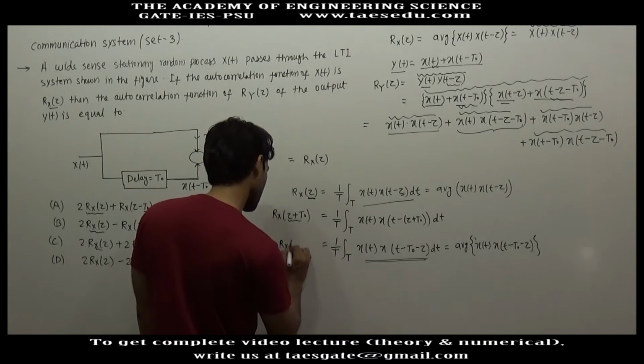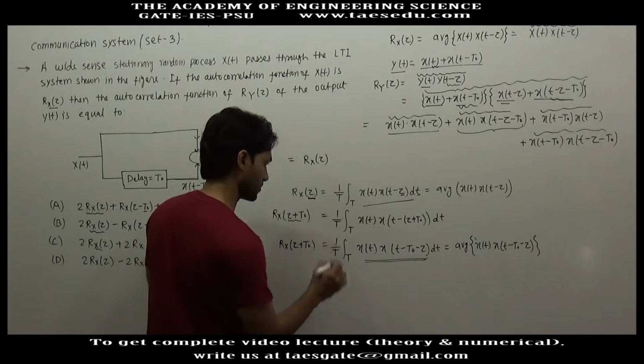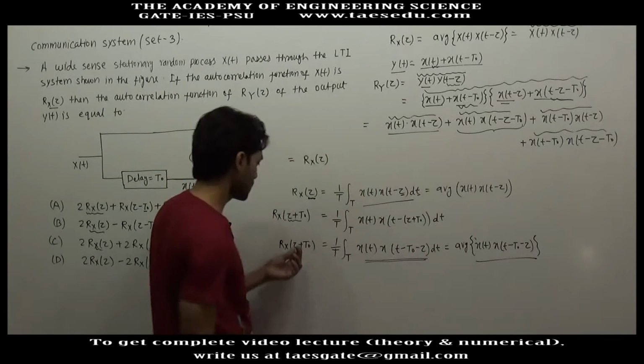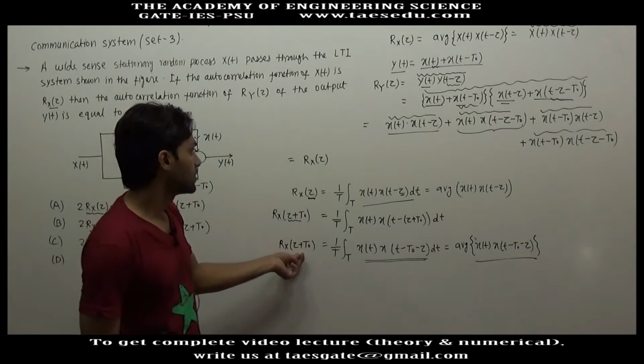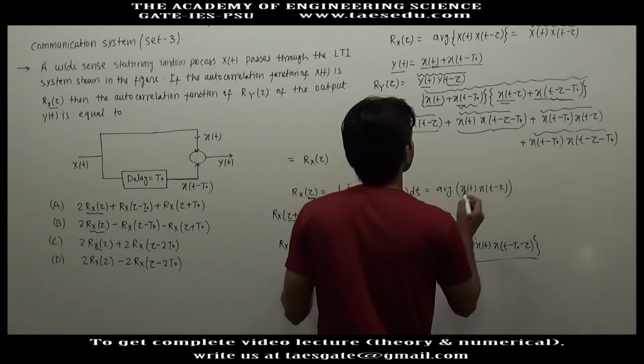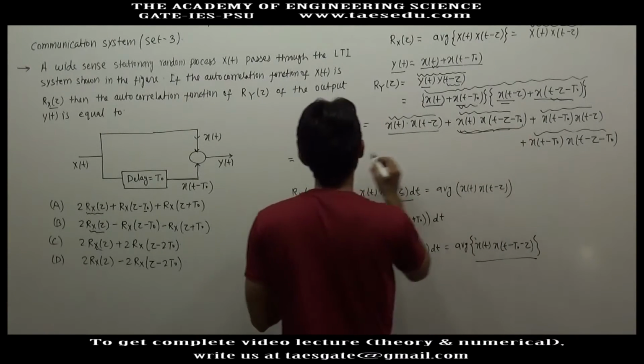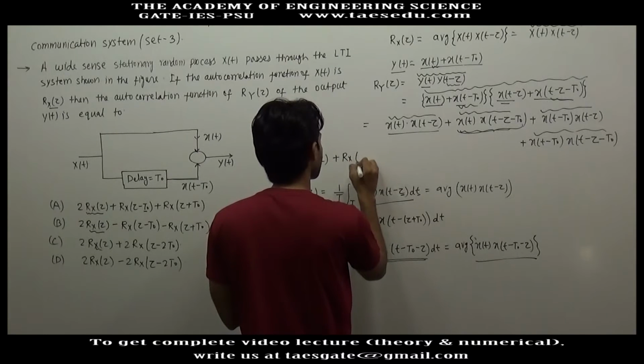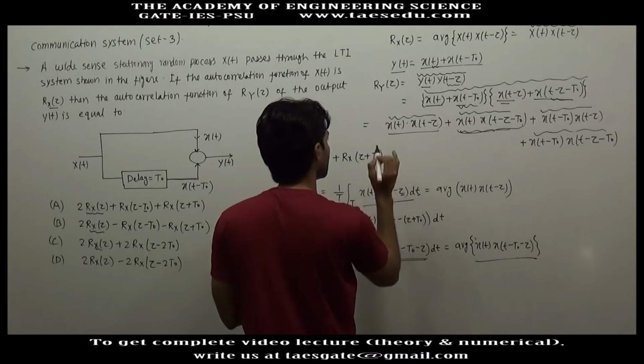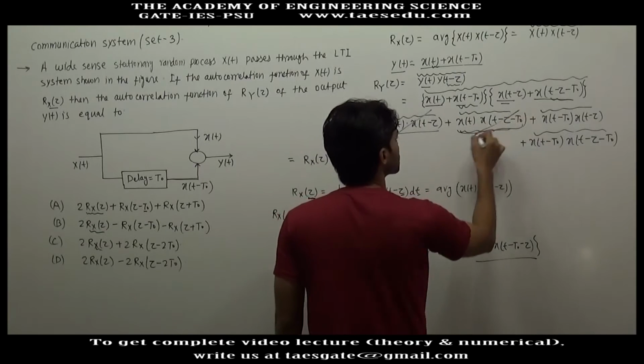So this quantity is Rx(tau plus T naught). So this is done.